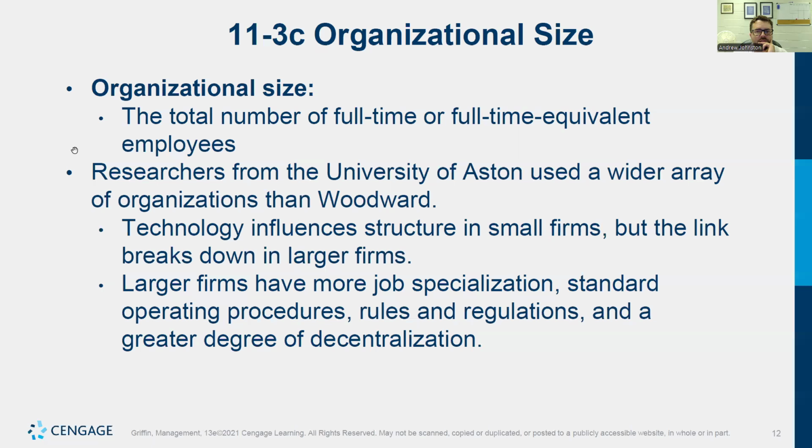So these were researchers at University of Austin that were testing the findings of Woodward, and they found that those findings did break down when they looked at larger firms. And in general, they simply found that larger firms were likely to have less centralization. The larger you got, the more you started to look like the System 4 decentralized design, which perhaps makes sense given it becomes simply a necessity the larger the firm grows.